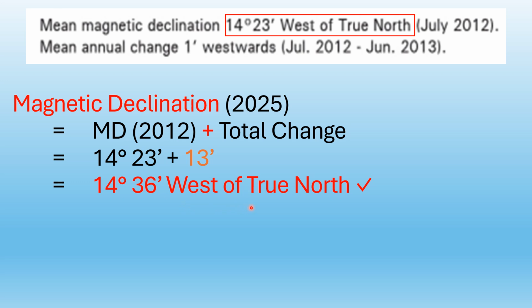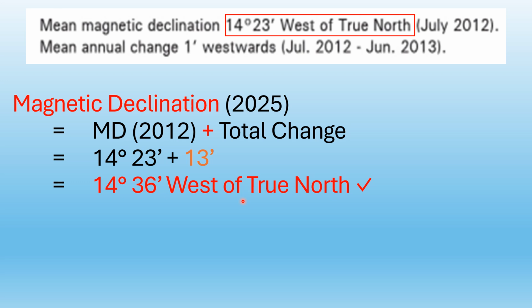Again, an area where candidates often lose marks is the fact that the words west of true north are not included. What this simply means now is that the angle between true north and magnetic north is 14 degrees 36 minutes, and that angle is to the west of the true north arrow.